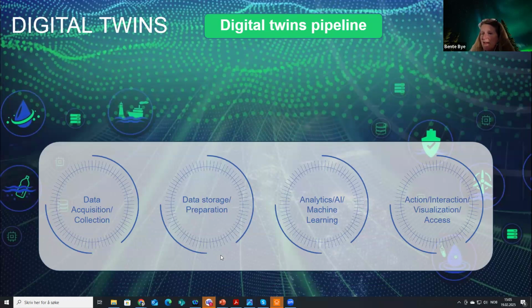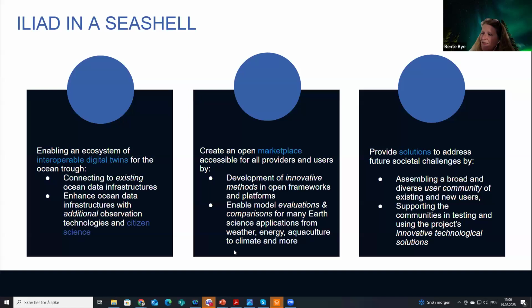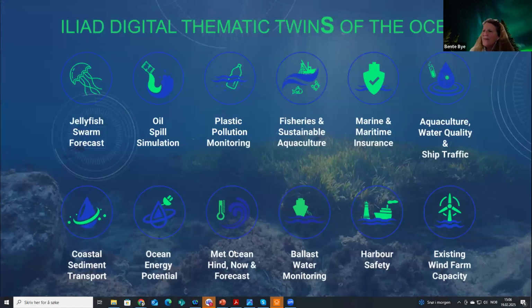Then you store the data and prepare it so that in the next step you can analyze it, run models, machine learning, etc. And finally, you will have to present the result either with visualization tools or in tables, etc., depending on how the user would like to see it. So remember those 4 steps now when we are going to look more closely at the thematic twin of aquaculture.